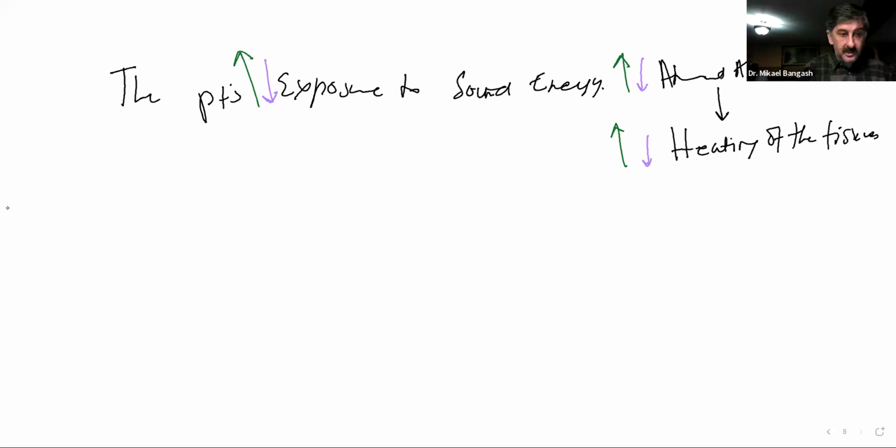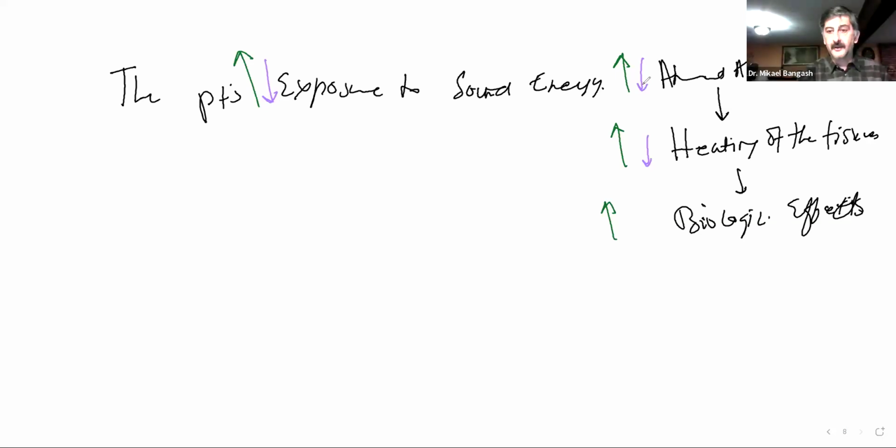And this heating of the tissue causes what we can call biologic effects, which of course is going to be different from tissue to tissue. But as a general rule, if a tissue is exposed to a greater amount of energy, it is going to absorb more of it.